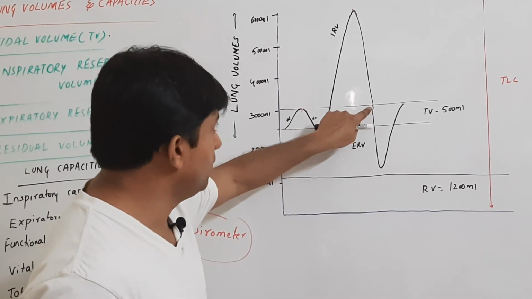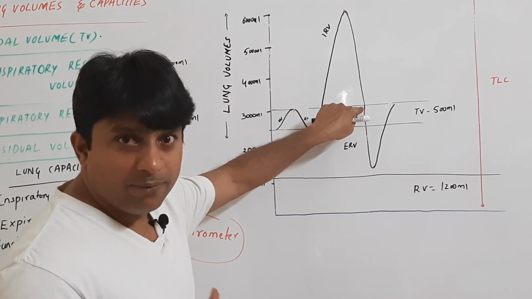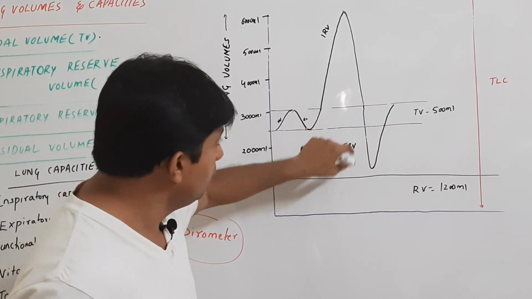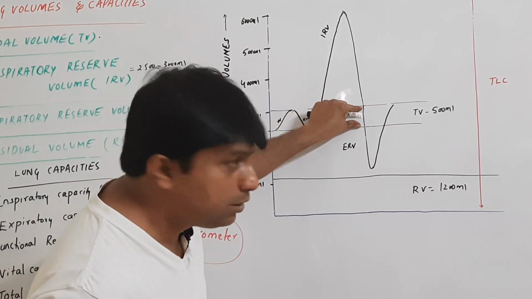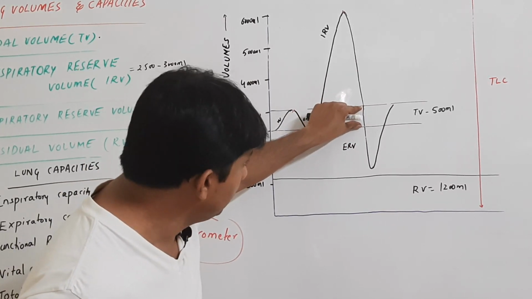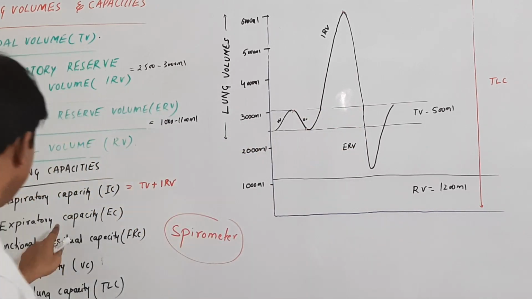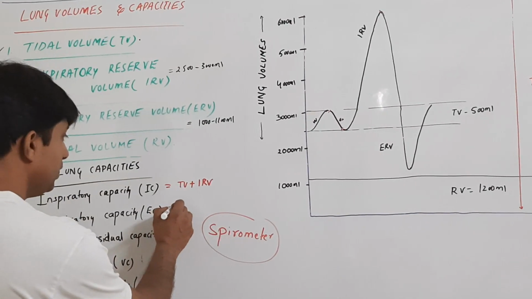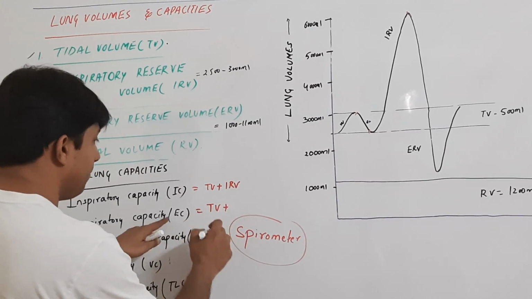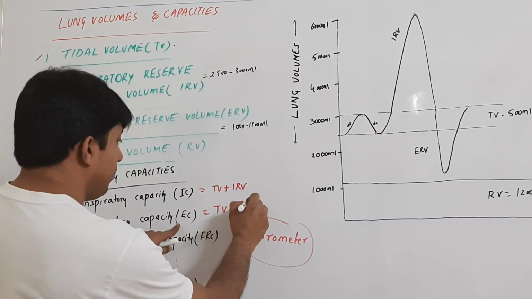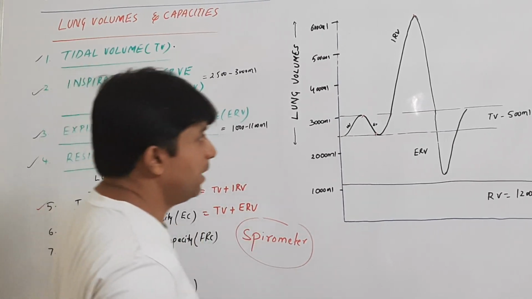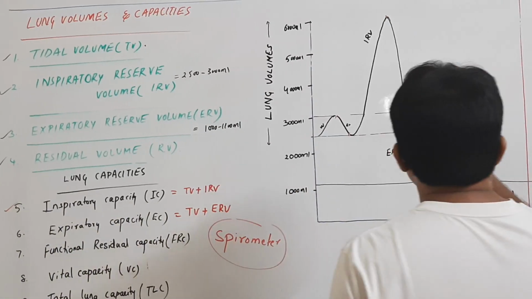Next, after your normal inspiration, this is your normal expiration, that is tidal volume, plus expiratory reserve volume, which is your expiratory capacity, from here to here.